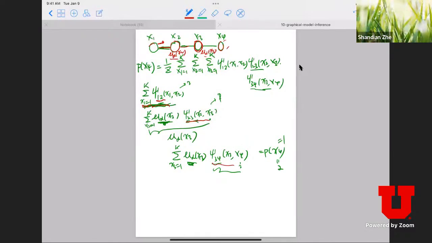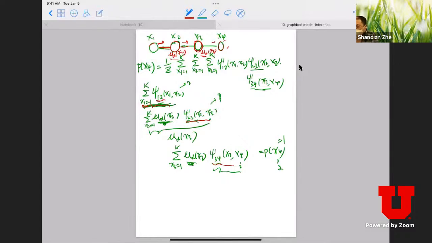We define this intermediate result as a message sent from x2 to x3. You can continue to do so, and you finally get your message sent from x3 to x4. This message is computed from left to right, so we usually call it a forward message.